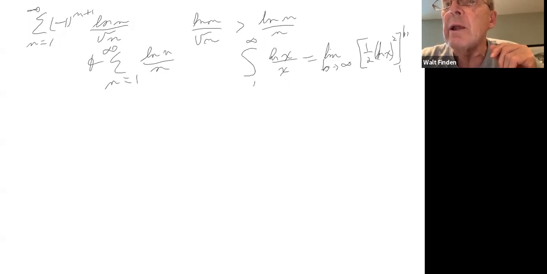And we end up with infinity here, because the upper limit is natural logarithm of b squared. As b goes to infinity, that's infinite.